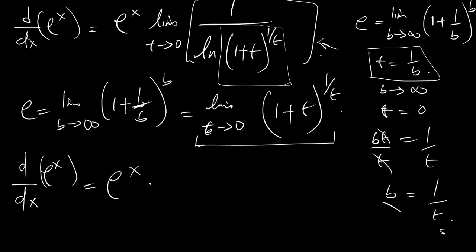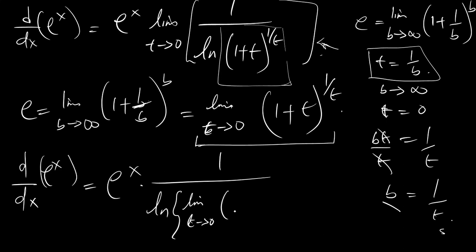We now say e to the power x times 1 all over ln of the limit when t tends to 0 of (1 + t) raised to the power 1 over t.